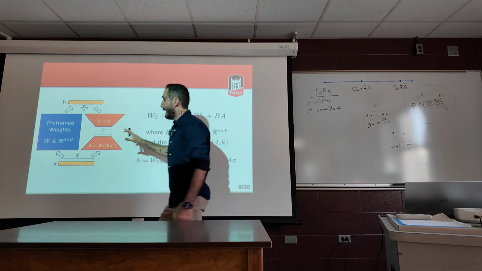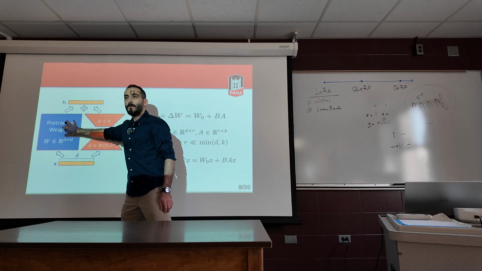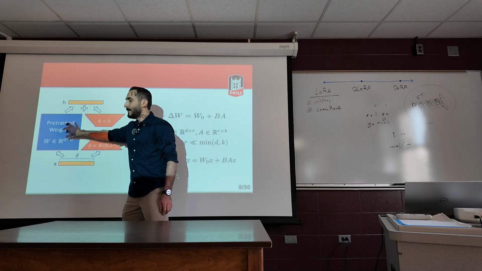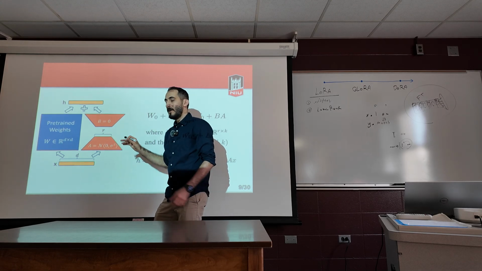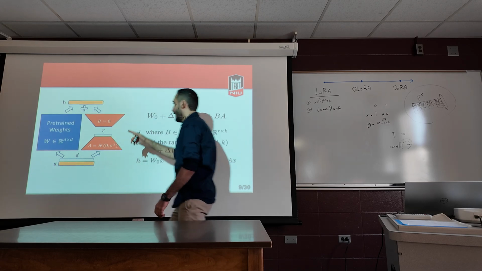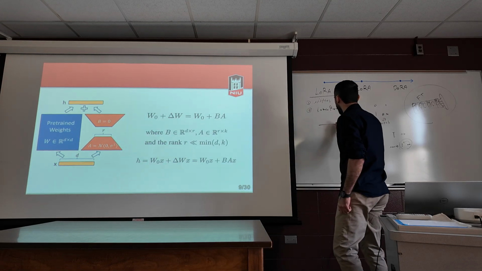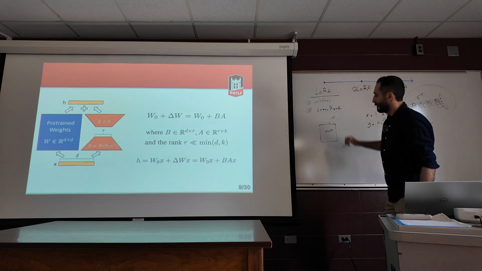Let's assume this is a low rank matrix, which means we can reconstruct it with a low rank structure, with two smaller matrices. Imagine we have an n by n matrix, which is our weight.